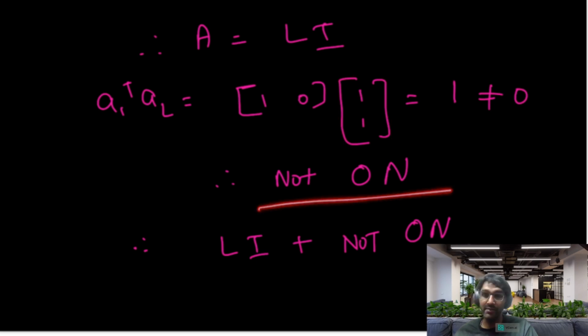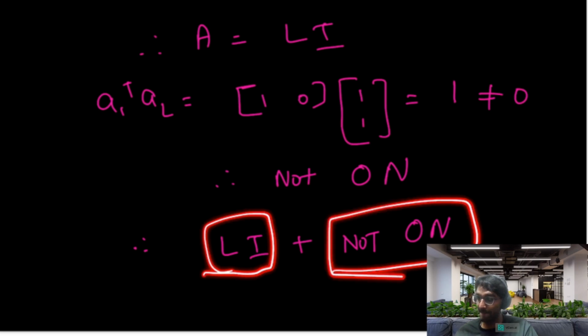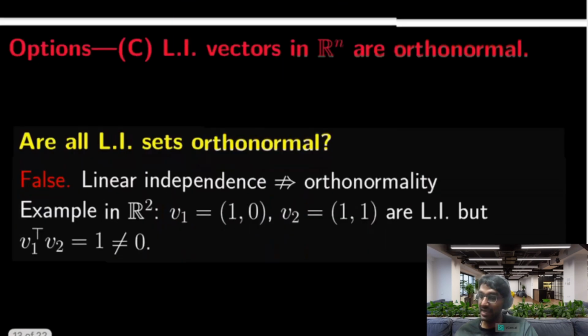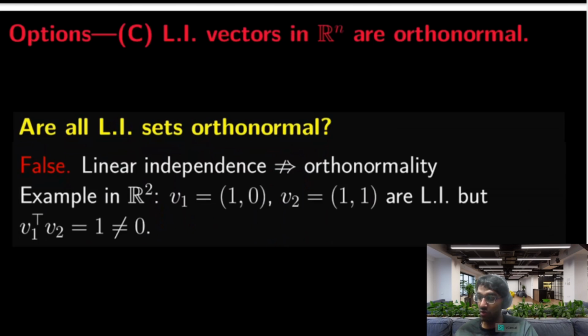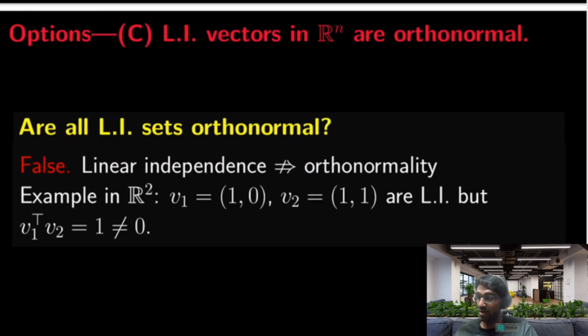So we got a basis which is linearly independent and not orthonormal. We got a set which has linearly independent vectors but not orthonormal vectors. So statement C, which says that linearly independent vectors in Rn are orthonormal, is false because we found a counterexample.